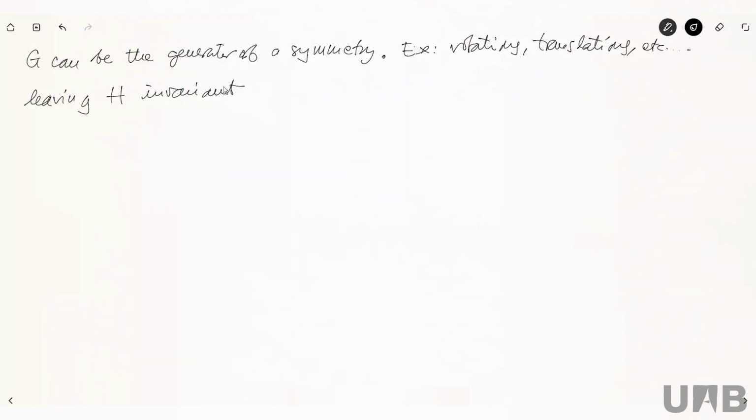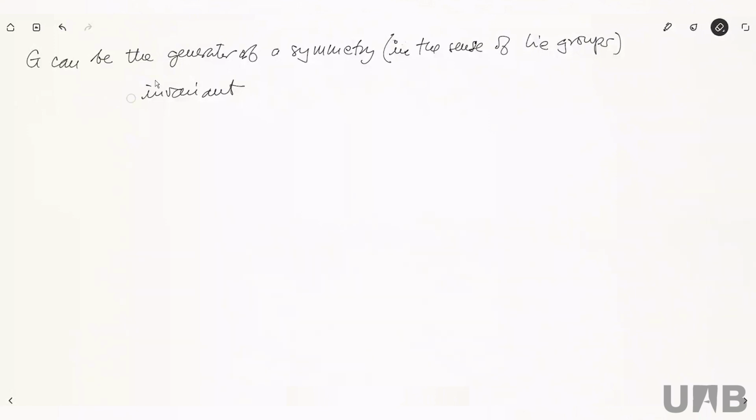I forgot something here, so let me just, sorry. I want to add a couple of words. G can be the generator of a symmetry in the sense of Lie groups. I want to say this. And now come the examples. I forgot this.